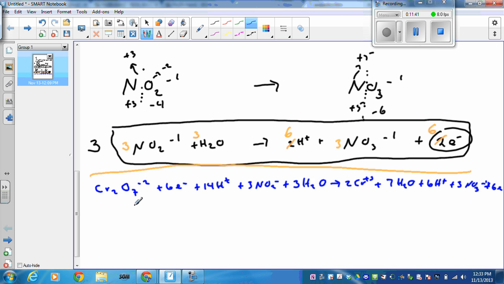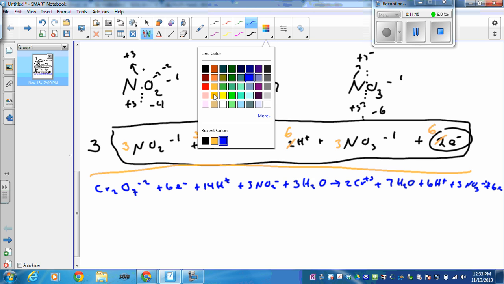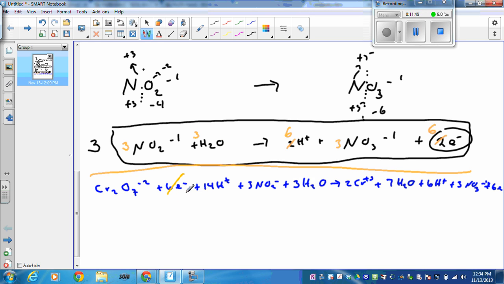Now I can go back and see how I can simplify this, which means canceling out whatever is the same on both sides. First things first, 6 electrons are gone because there's 6 electrons over here. I can look for my H pluses. On this side I have 14, on this side I have 6.